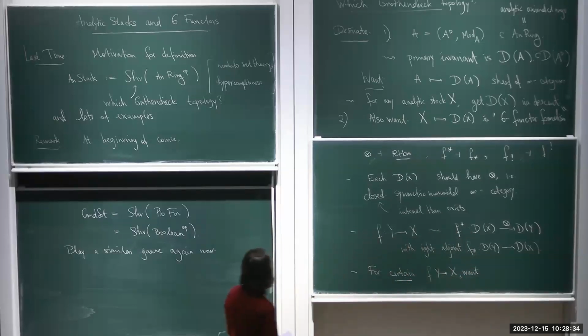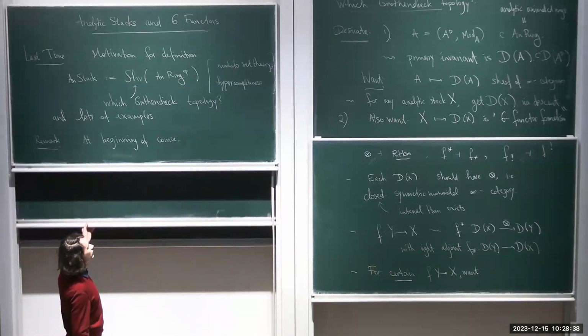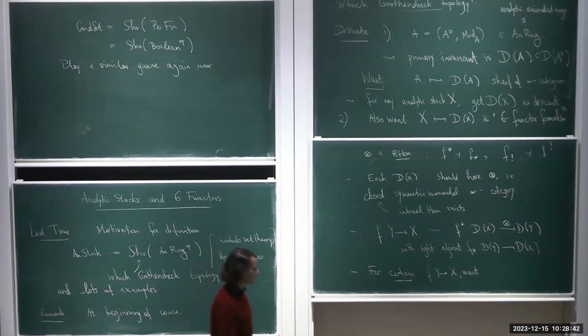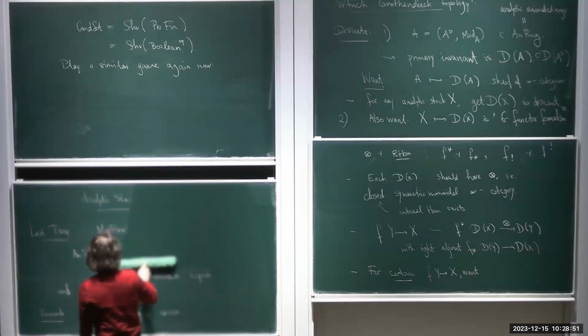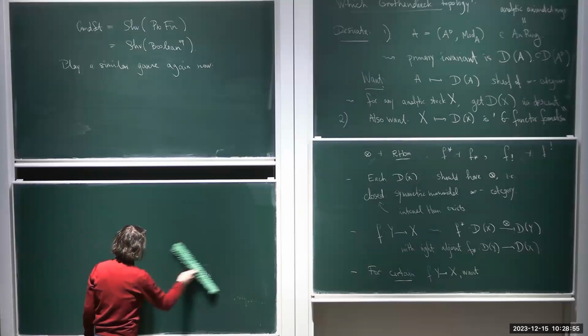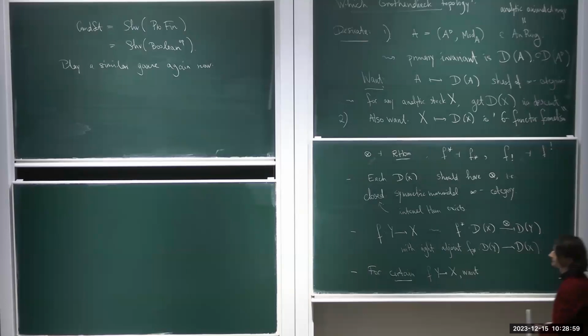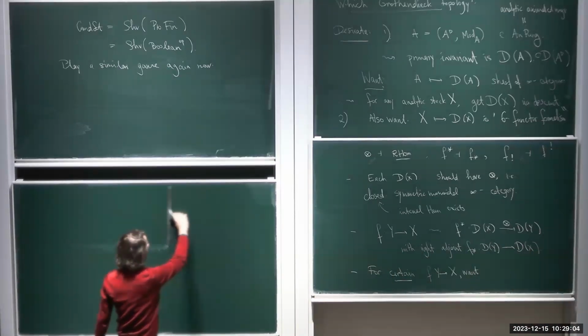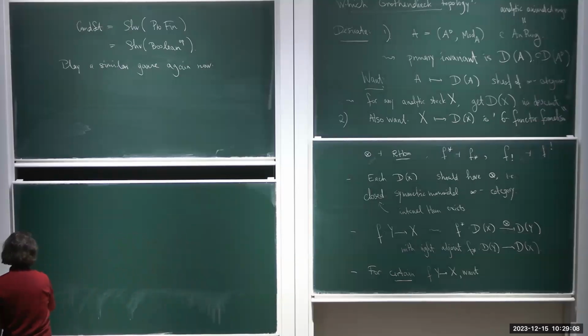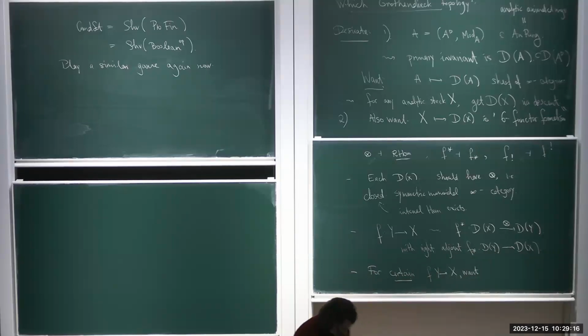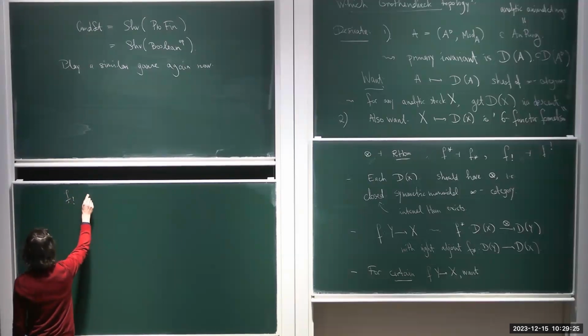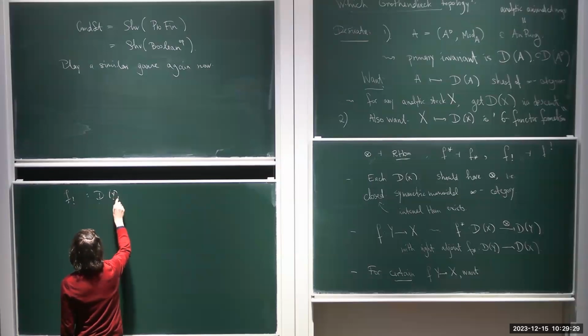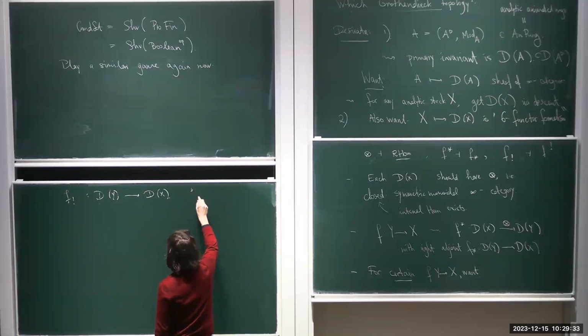We want a functor f lower shriek from D of Y to D of X, the so-called homology with compact support.